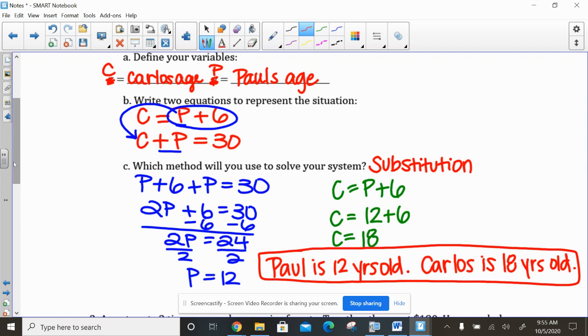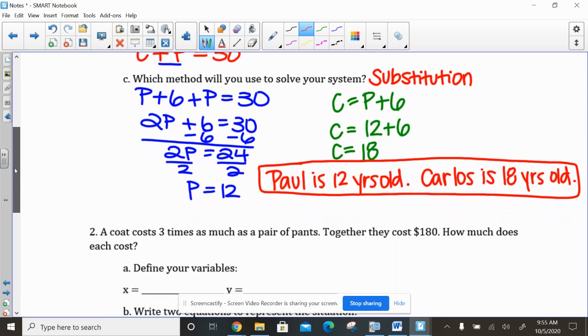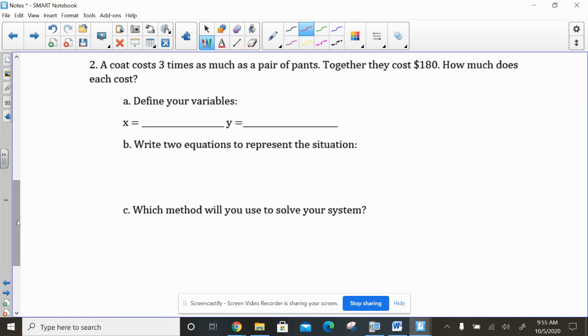Okay, so let's look at example 2. A coat costs 3 times as much as a pair of pants. Together, they cost $180. How much does each cost?